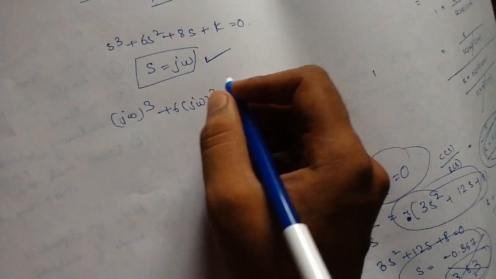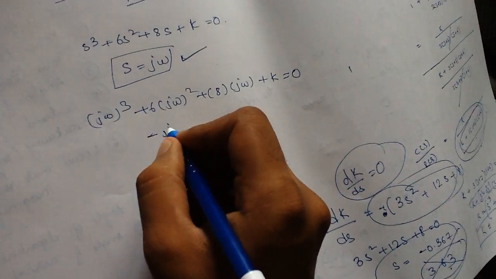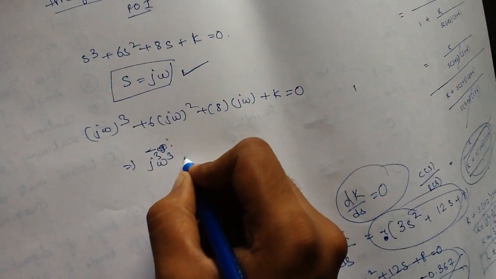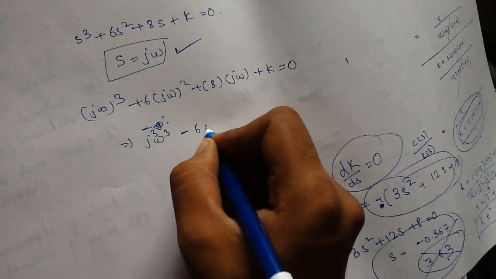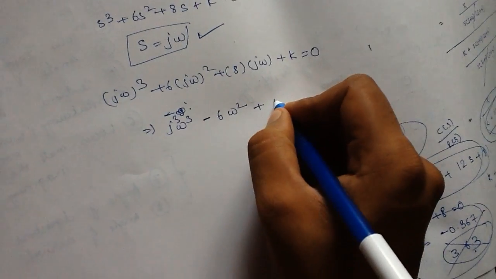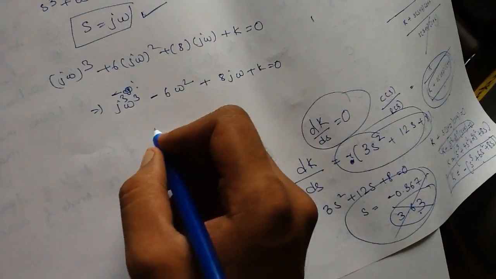I'll write it whole: j cube omega cube minus 6 omega square, because j square is equal to minus 1, plus 8j omega plus k is equal to 0.